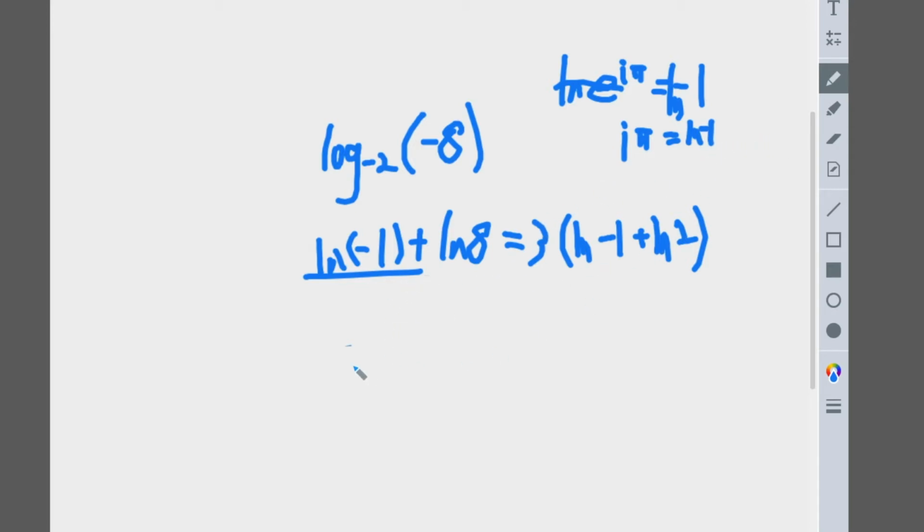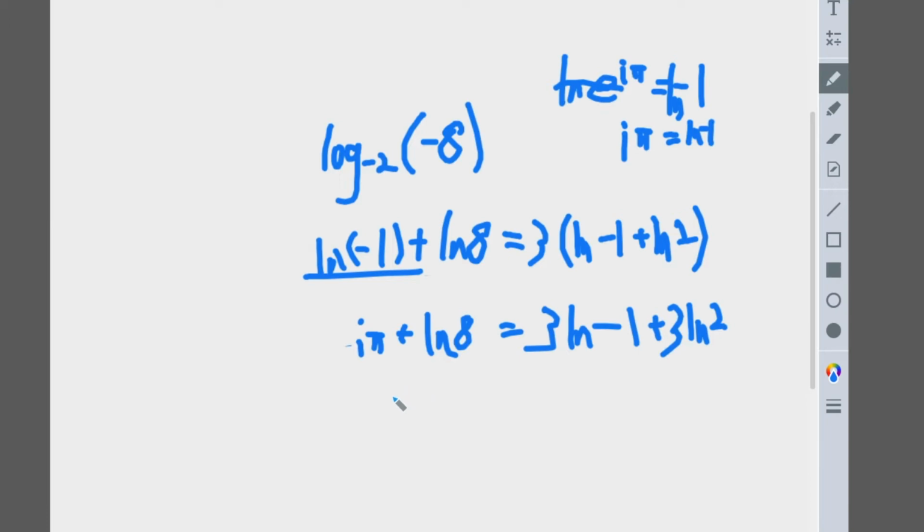So let's put that in here. i pi plus natural log of 8 is equal to 3 times natural log of -1 plus 3 times natural log of 2. i pi plus natural log of 8 is equal to 3 i pi.